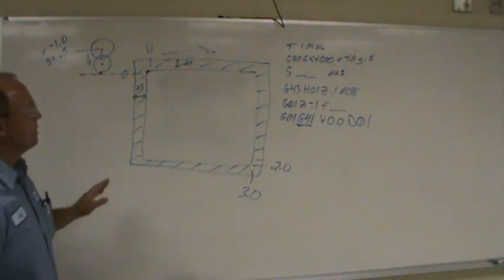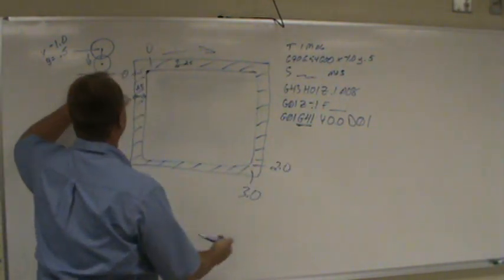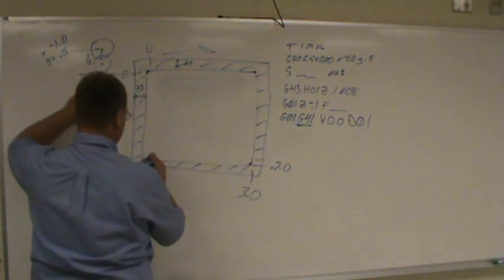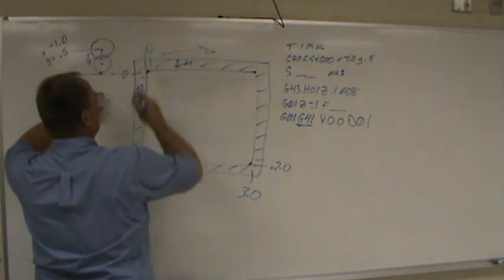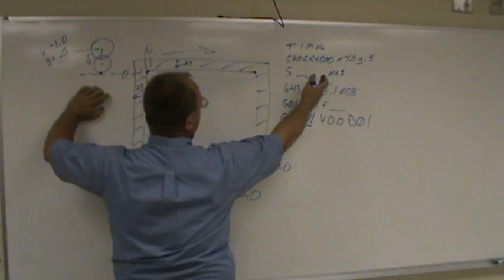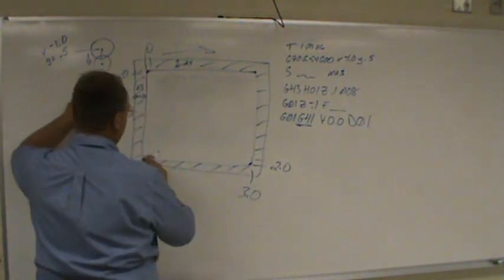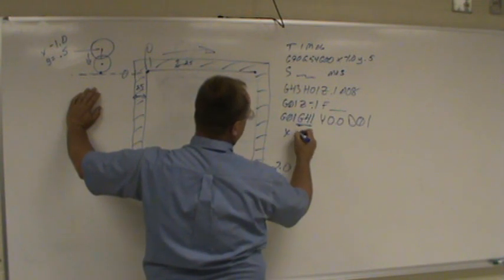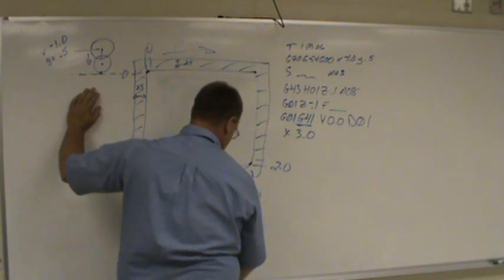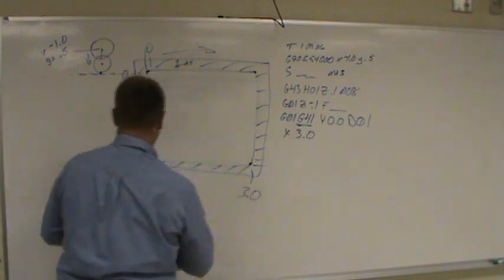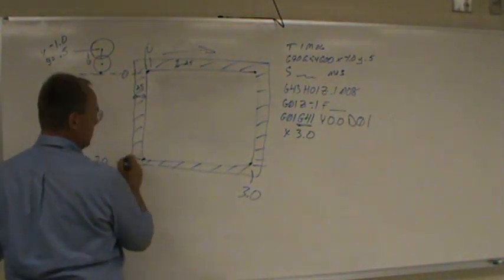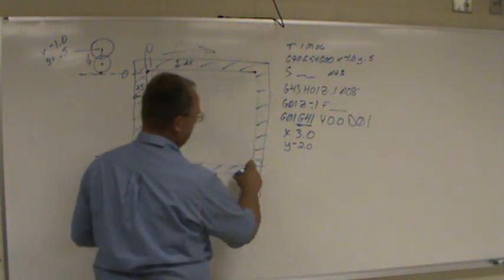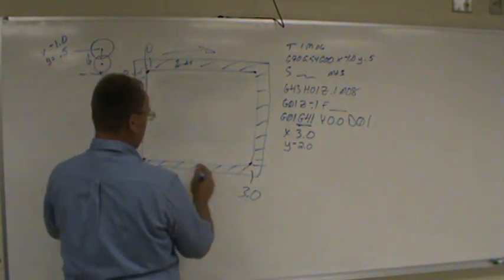So now, once we got to this point, it's basically just connecting dots. Like I said, you don't have to figure out how far past I want to go. You just program the outline of your part. So this would be X3.0, Y negative 2.0 down here, X0.